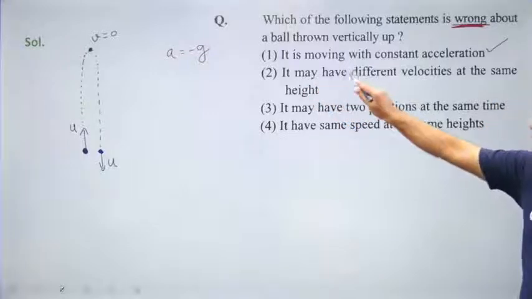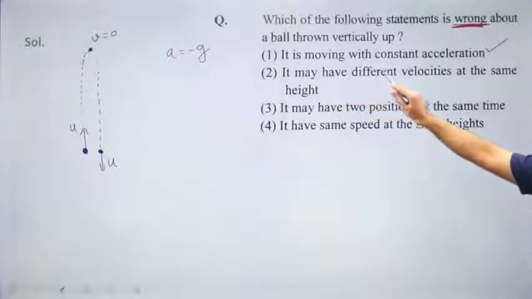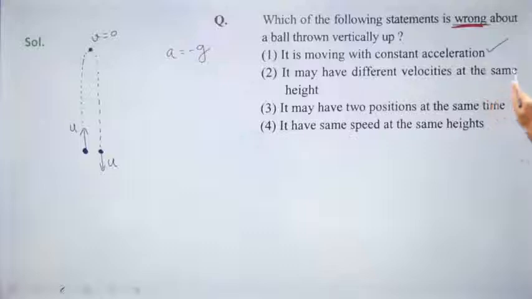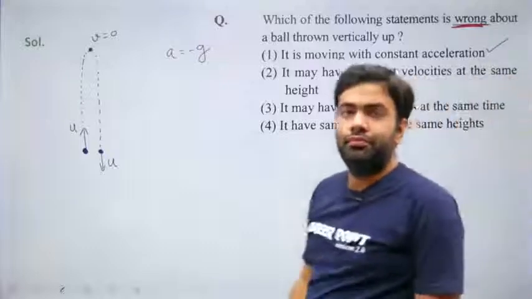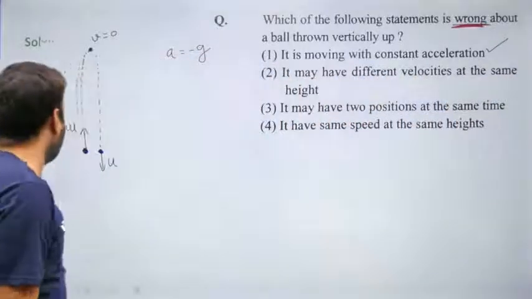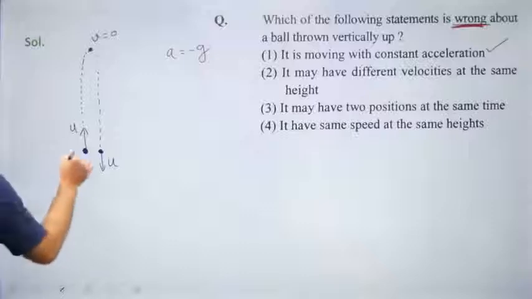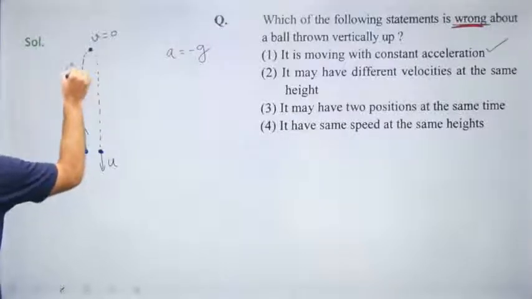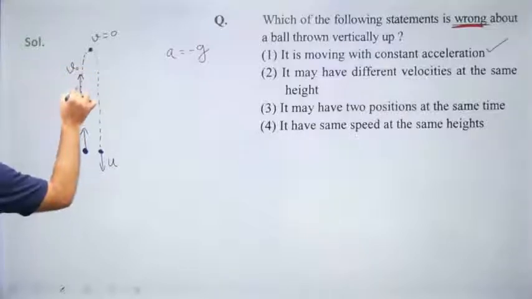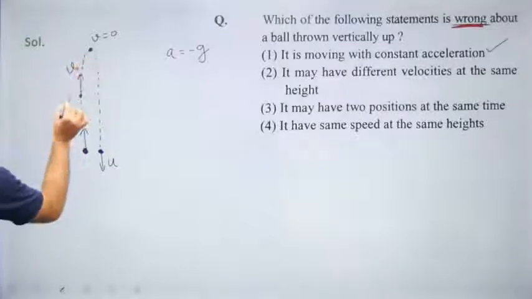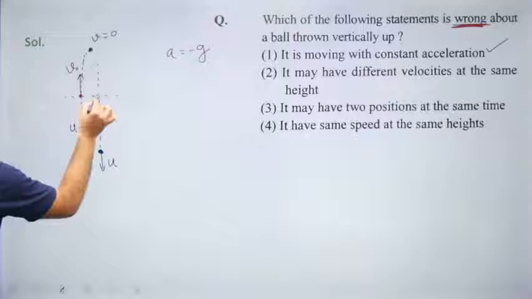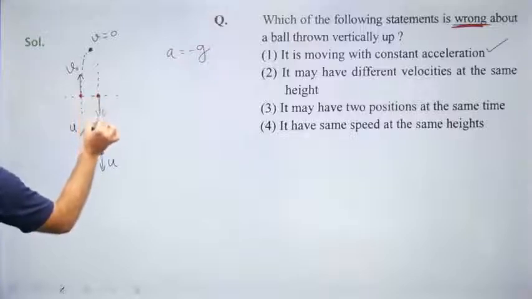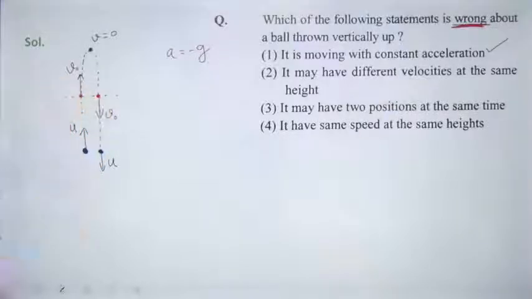It may have different velocities at the same height. Yes, it may have. How? See, at this height, if velocity is v0 while going up, then when it is coming downward at the same height, its velocity will be downward v0.